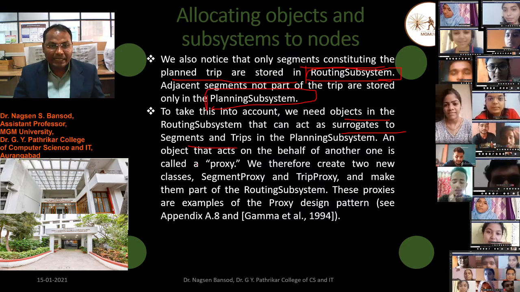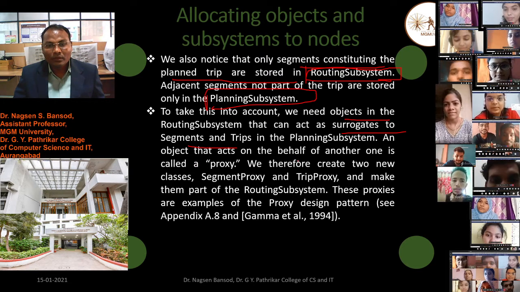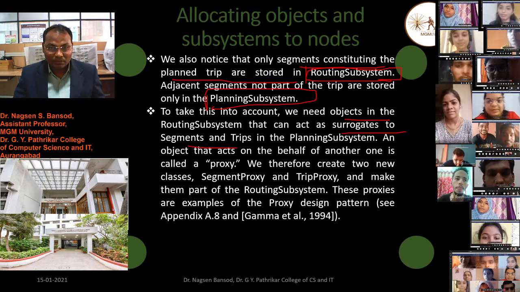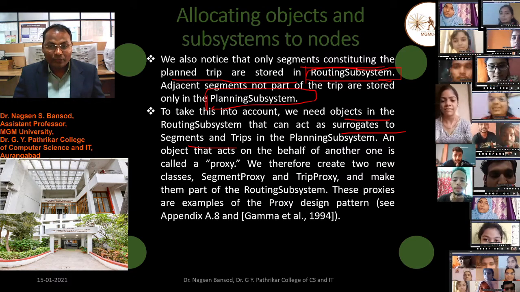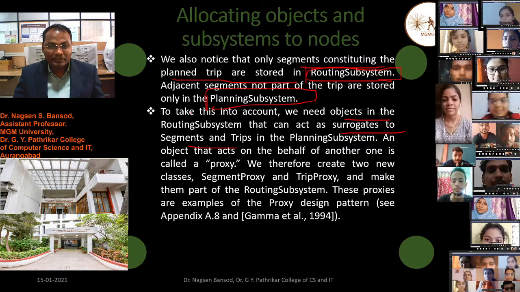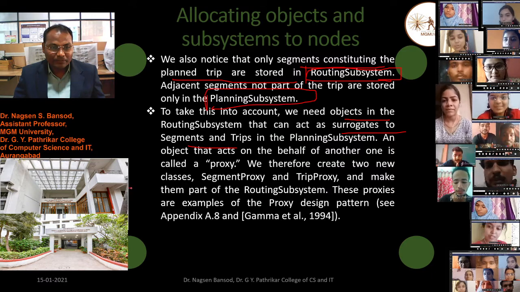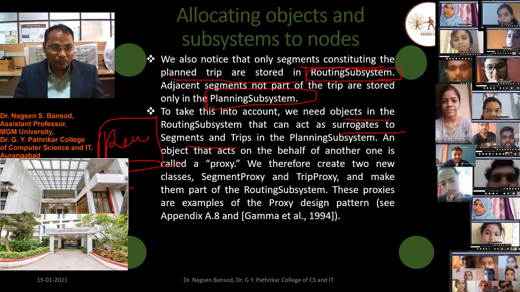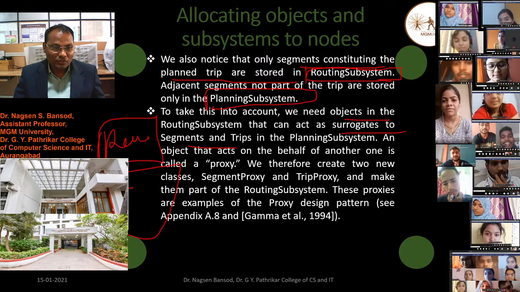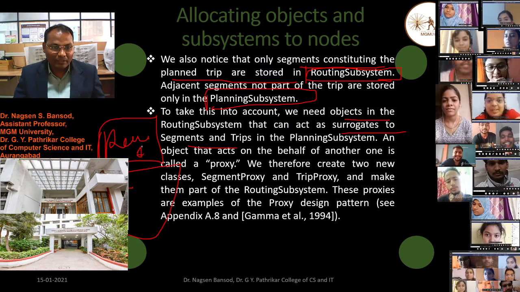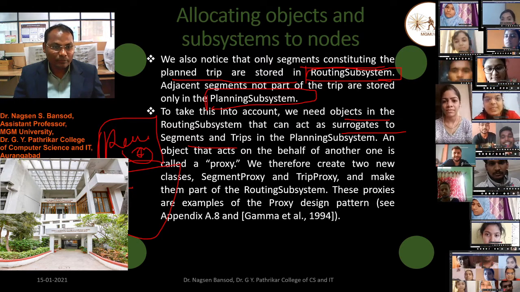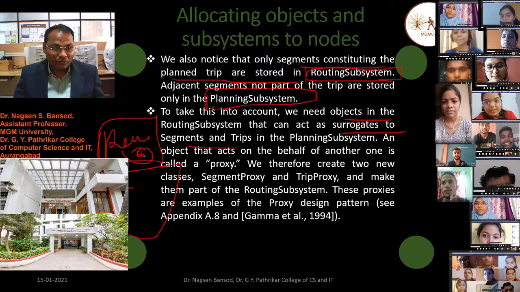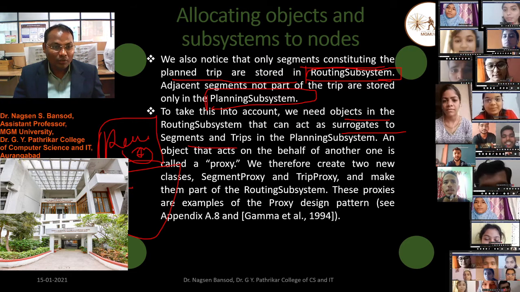An object that acts on behalf of another one is called a proxy. If we take the object from the planning subsystem to the routing subsystem, this will act as a proxy of planning.